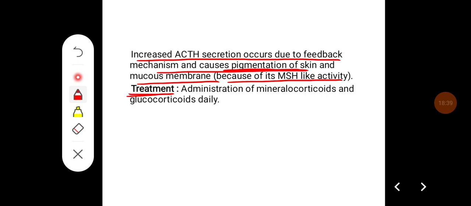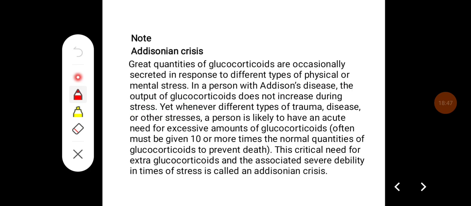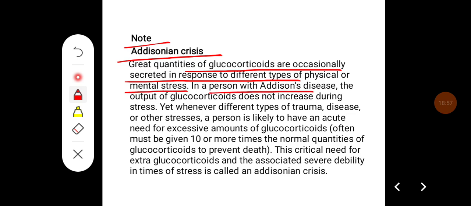Treatment of Addison's disease is administration of mineralocorticoids and glucocorticoids daily. Addisonian crisis. Great quantities of glucocorticoids are occasionally secreted in response to different types of physical and mental stress. In a person with Addison's disease, the output of glucocorticoids does not increase during stress.